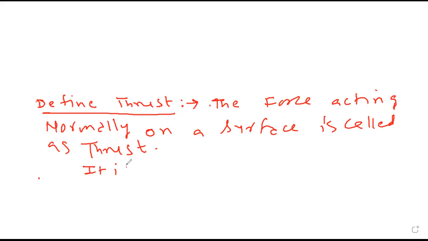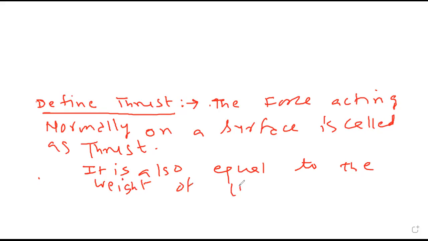It is also equal to the weight of the body, because weight is also normally downward. So suppose I stand on a surface, so my weight is giving me thrust on the surface. It is also equal to weight of the body.